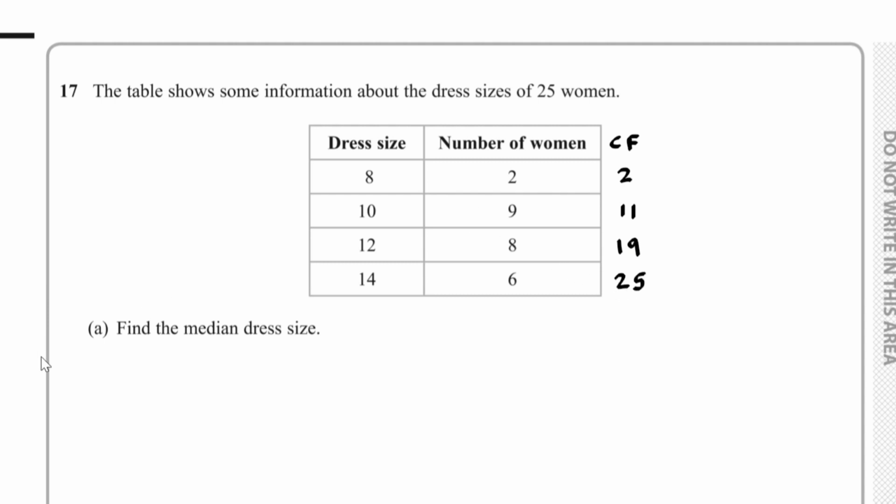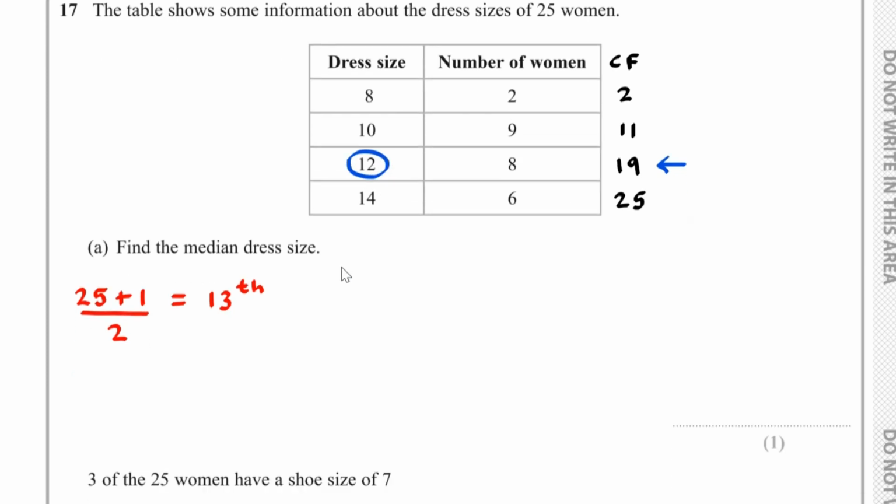So, to find the median, we need to do 25 plus 1 divided by 2, which is equal to 13. We want the 13th value. So the 13th value will lie over here somewhere. So the median would correspond to the 12th.